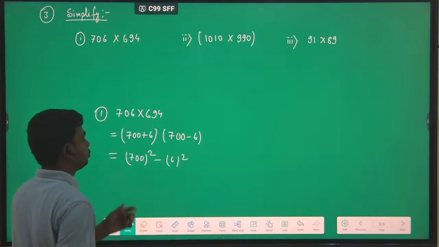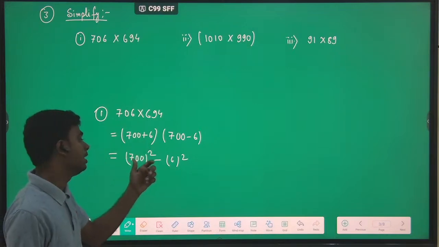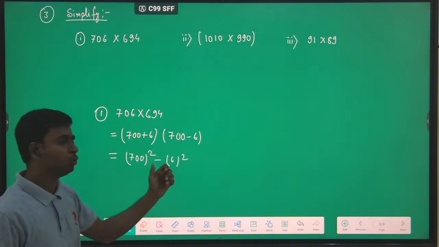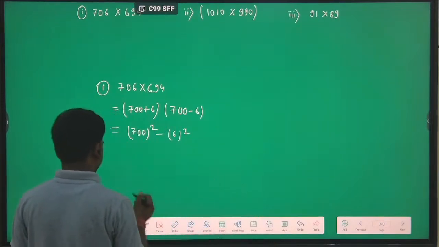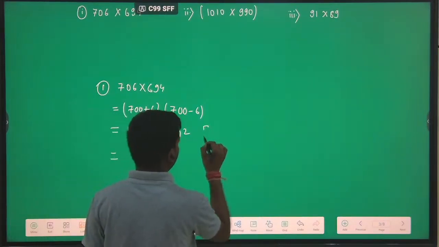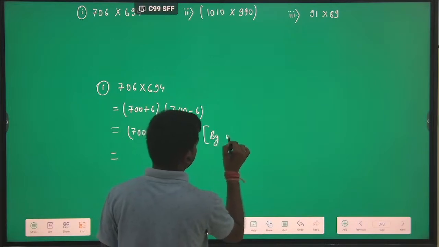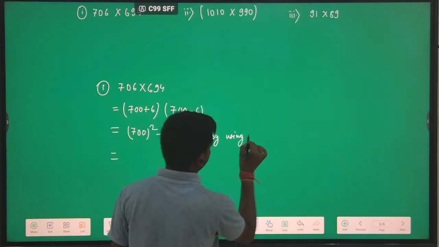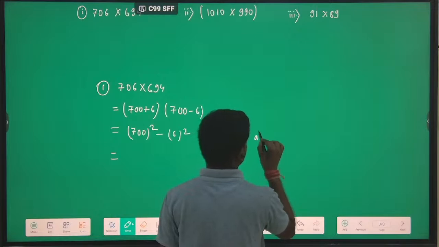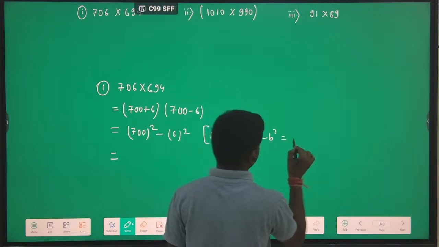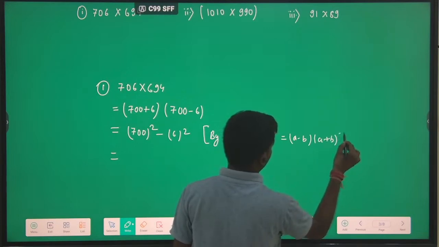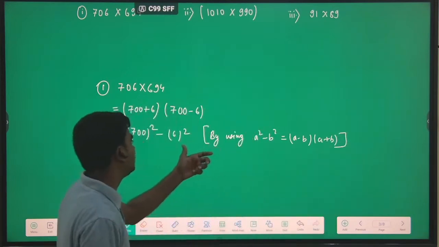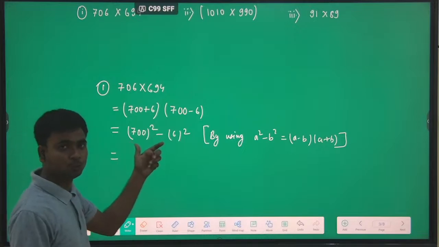A is 700, so it will be 700 square minus B is 6, so it will be 6 square. Here we have to write that A square minus B square is equal to A minus B multiplied with A plus B. If we are not writing this, no one will understand what we have done.